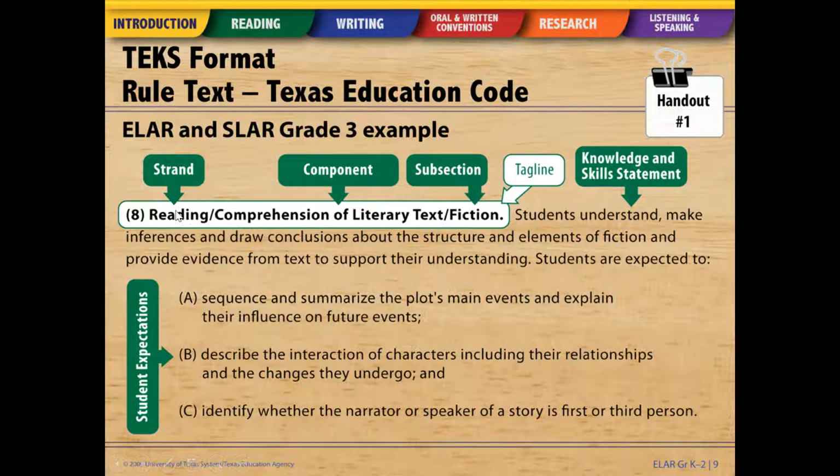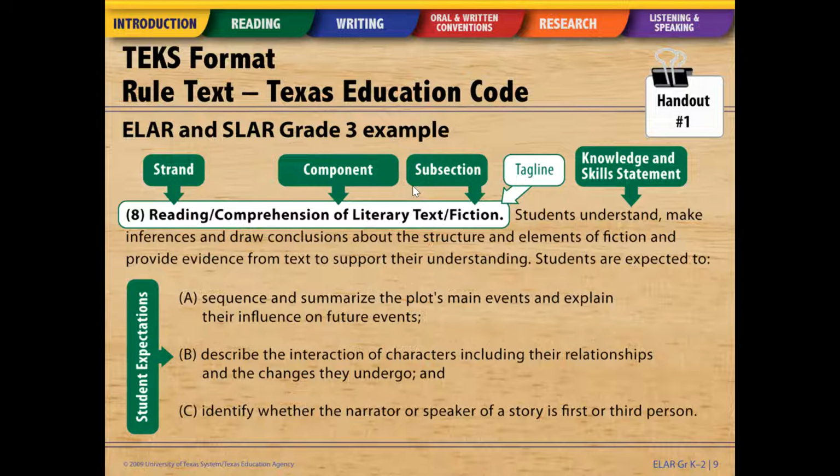The reading label here is the main strand of what's being taught. We're under the reading tab here. That's our strand. The component of the TEK is the comprehension of literary text.